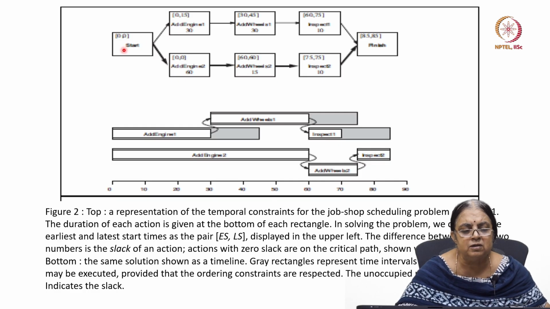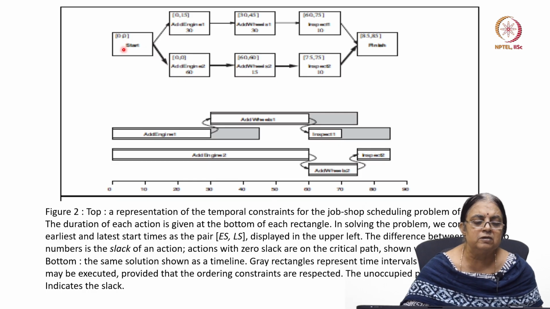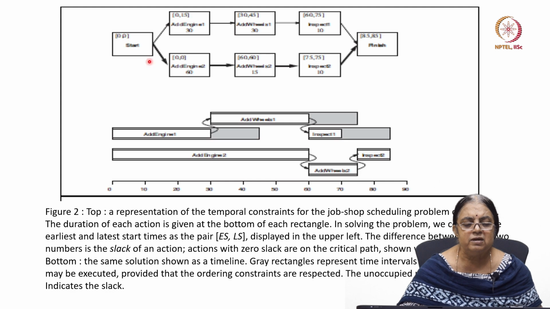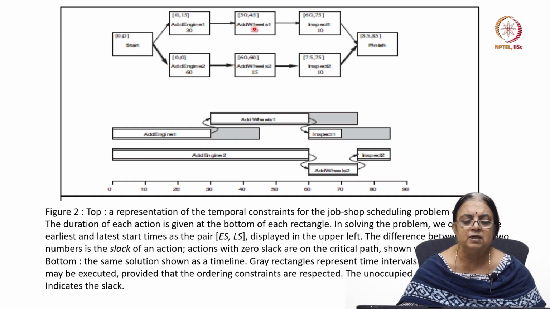So you're assuming that you're starting at 0, 0. That is the start time, earliest time is 0, latest time is 0. And then you have all these actions that take place. So here the action that you have is taking 30 minutes, right? So if you start at 15, this will be 45 and this takes 30 minutes. So appropriately, you will get the values.